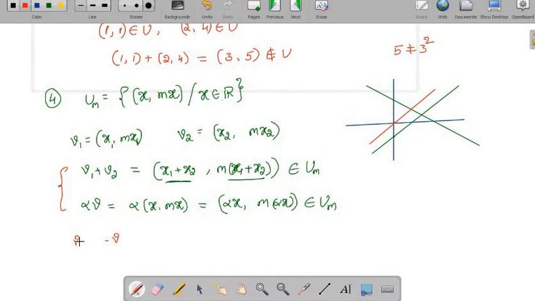Now if you add these two things, it will give you a zero vector. So zero vector is there. So if these two conditions are satisfied, it implies that the zero element is available, and additive inverse is also available, because for every v I just multiply with minus 1, so that becomes minus v. And you know that for every v, alpha v is there in that subset.